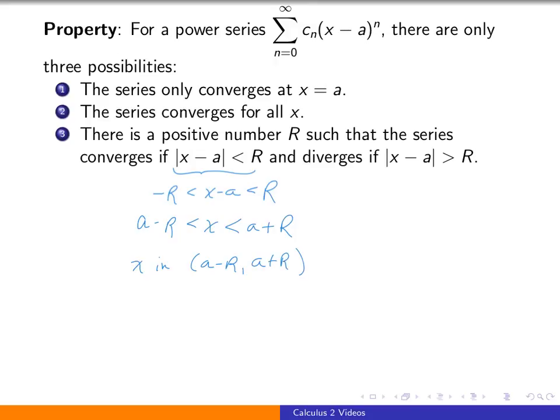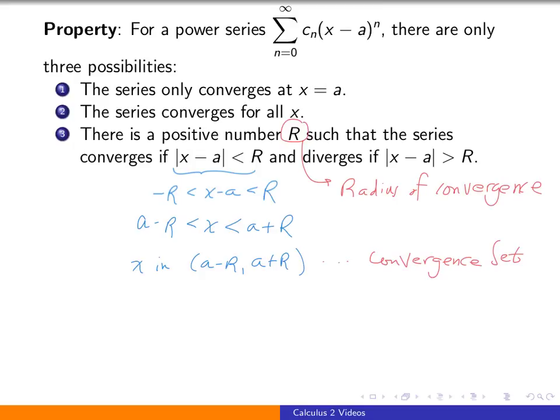And this interval is typically going to be referred to as the convergence set of the power series. And this value that we have, big R, is going to be referred to as the radius of convergence of the power series. And in each of the 3 possibilities, there is an associated radius of convergence.